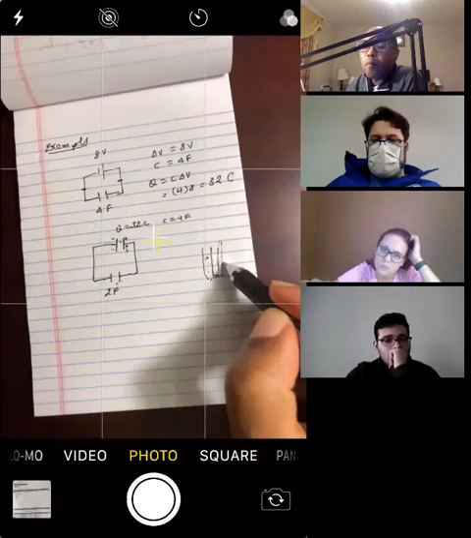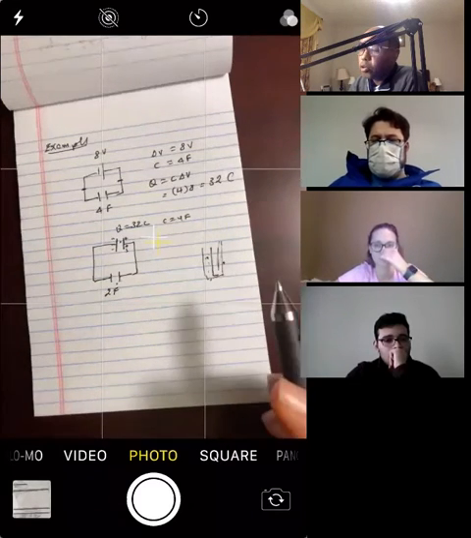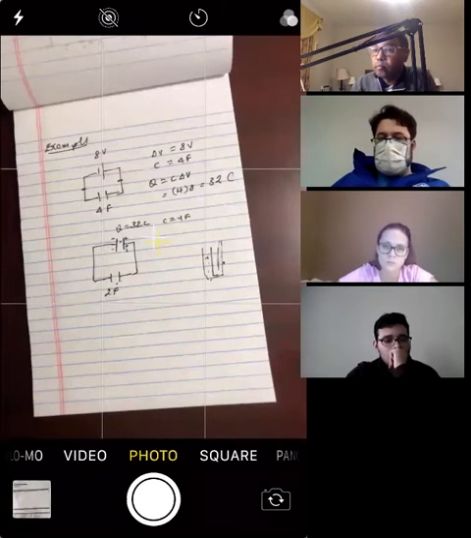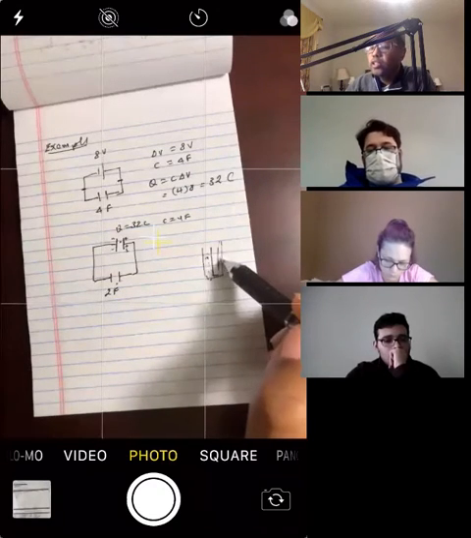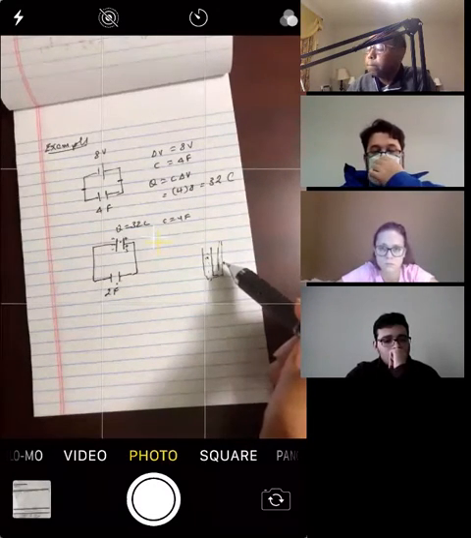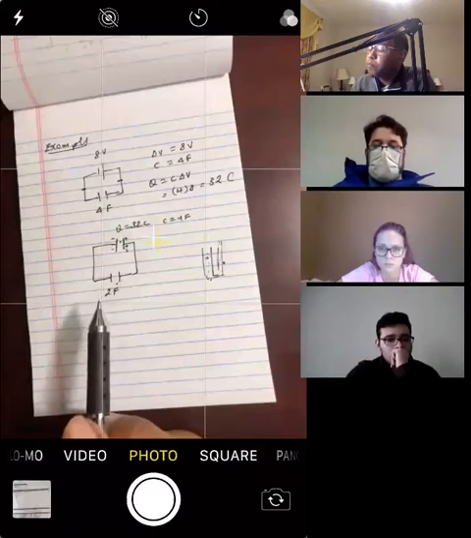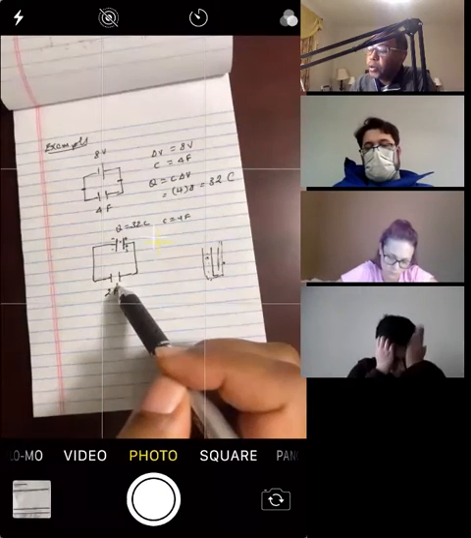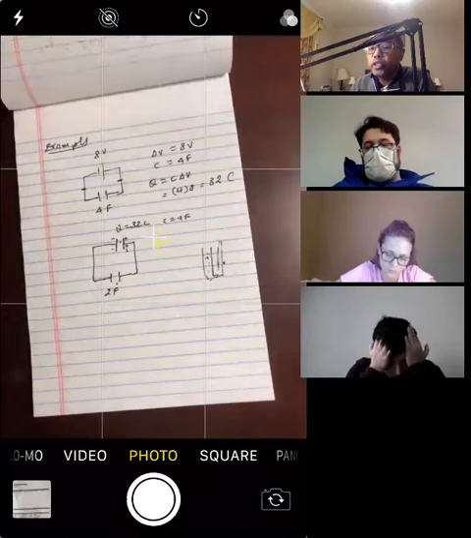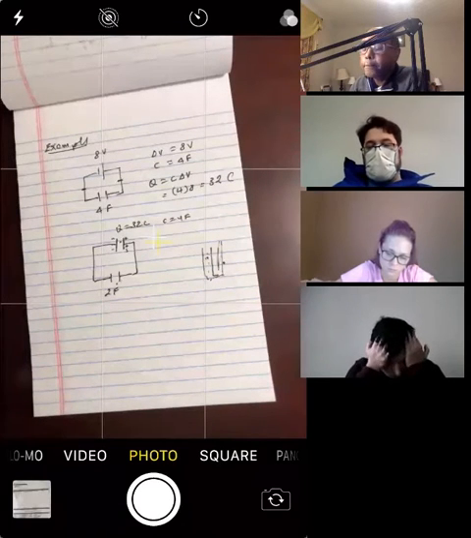Until they're the same level. This water will flow from here to here until both of them have the same level. The same thing over here. What's going to happen is the charge will flow from here to here until both of them have the same potential difference.